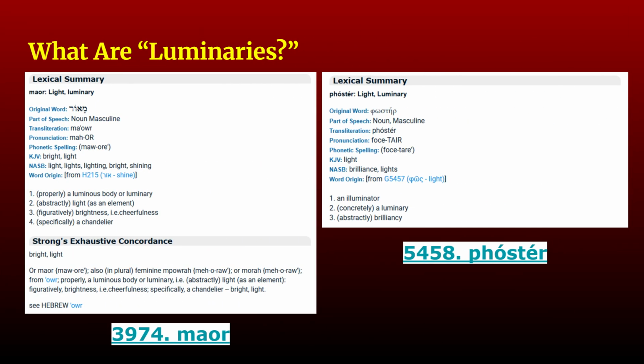So here we go, the luminaries. We're not going to focus too much on this, but I did want to give you an actual definition so you have something to work off of. In the Hebrew, mayor, I believe is how you say that, luminaries. Also in the plural, properly, a luminous body or a luminary, light as an element, figuratively, brightness or cheerfulness, like a chandelier, a bright light.